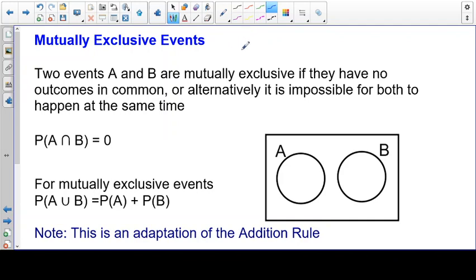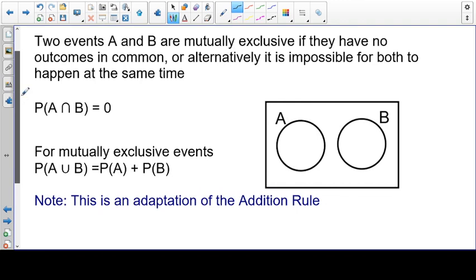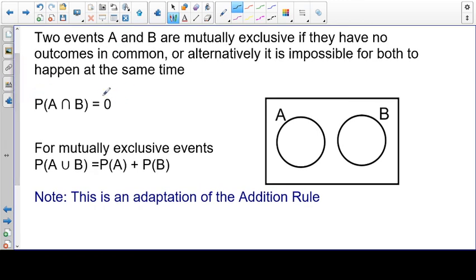Two events, A and B, are said to be mutually exclusive if they have no outcomes in common, or if it is impossible for both of them to happen at the same time. So if they cannot happen at the same time, then the intersection will be 0.